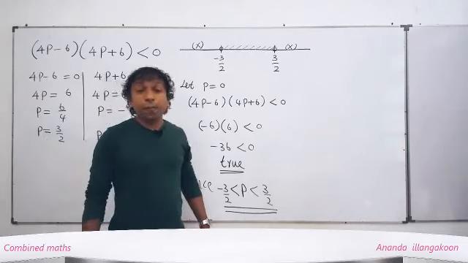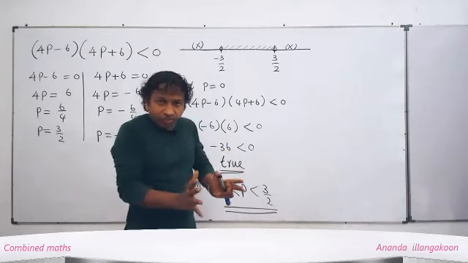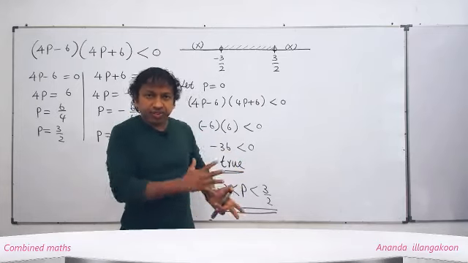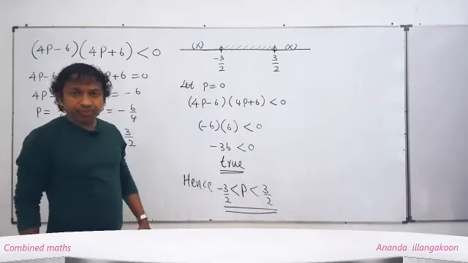Expression means what, people? Y equals something. Quadratic expression or quadratic function. When you put 0 in the place of y, we get a quadratic what? Equation. Okay. Don't consider this as a quadratic equation. Consider the whole question as a quadratic function. That way, try to work out the question without going to the quadratic equation.